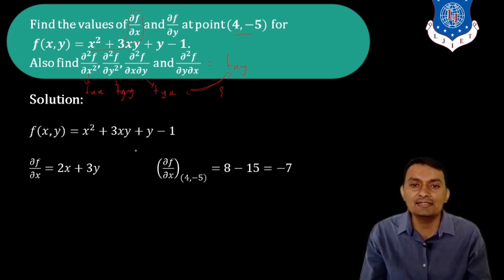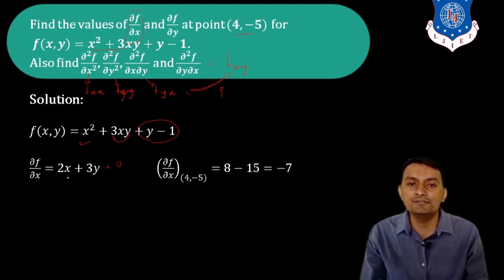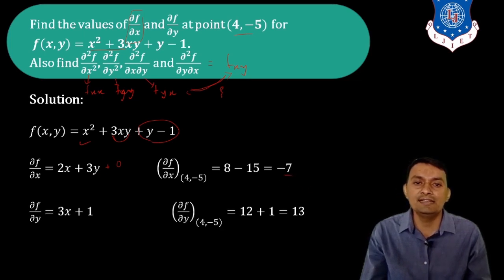First del f by del x. So we take the partial derivative with respect to x keeping y constant. So this is 2x, this is a constant so we get only 3y, and the derivative of y minus 1, this is a constant quantity, so it will be 0. But I want to find this derivative at 4 comma minus 5, so x is replaced by 4 and y is replaced by minus 5, and after simplifying you will get minus 7.